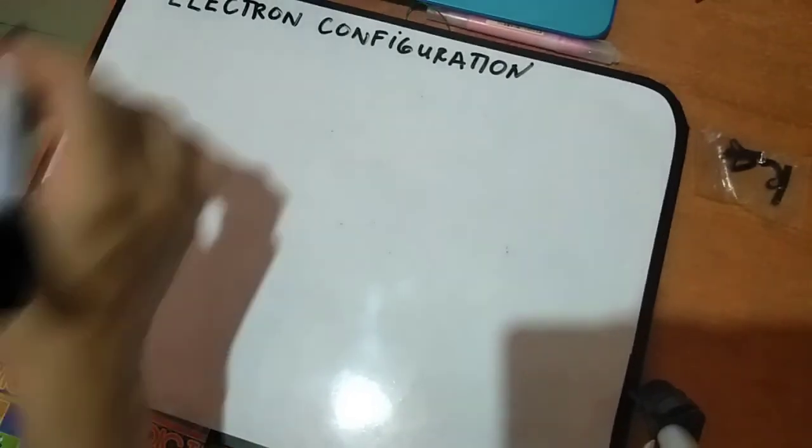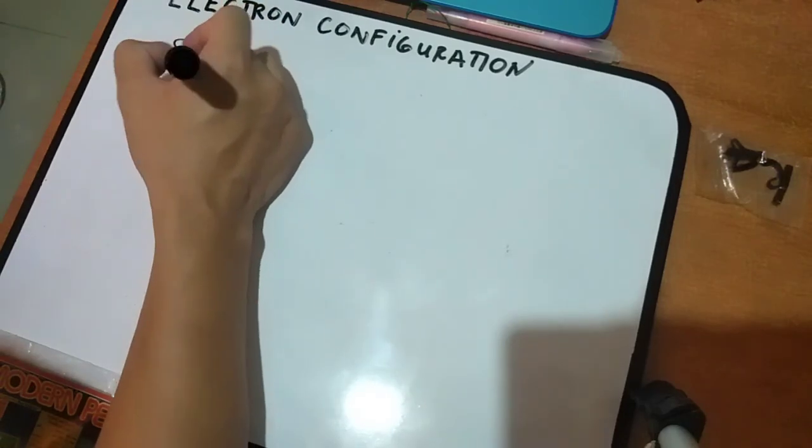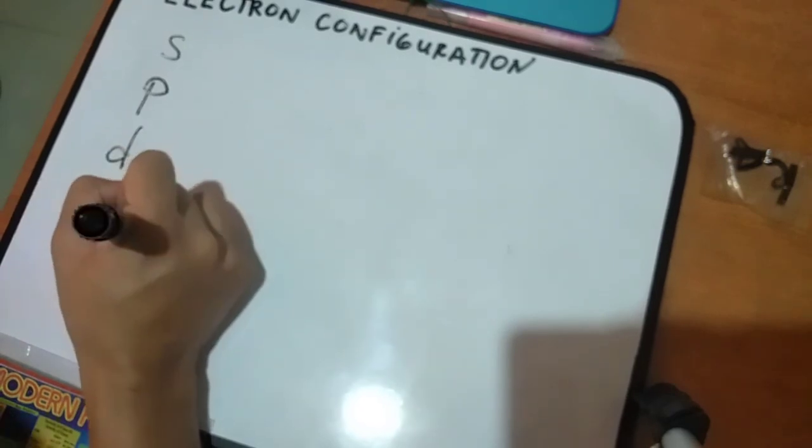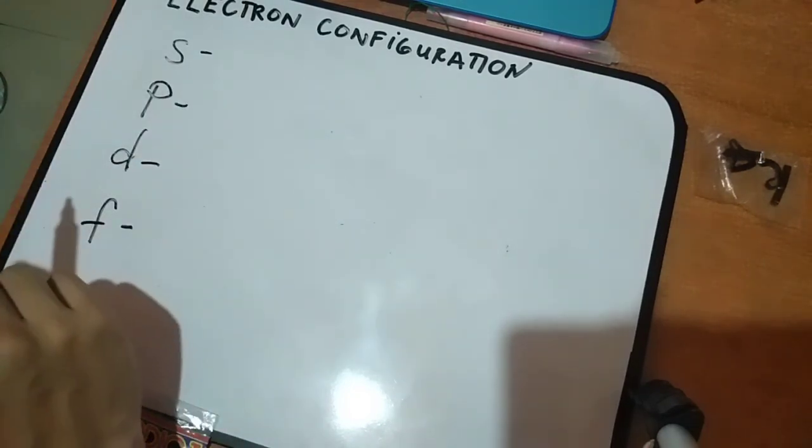So mnemonics are arranged in increasing order, and you need to fill the energy levels first. So you have the S, the P, the D, and the F subshells. So what is the maximum?